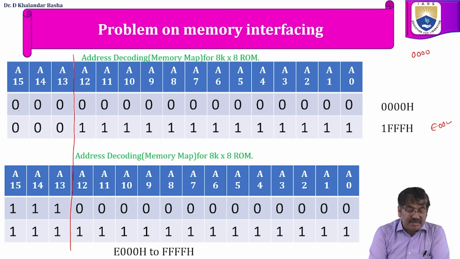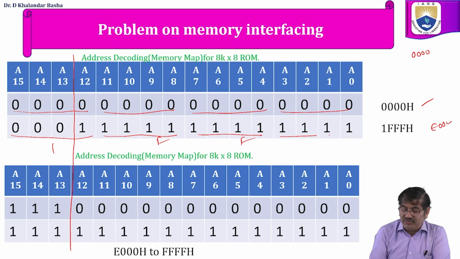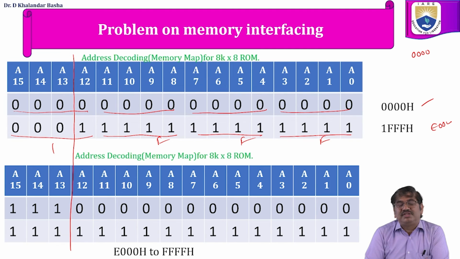The address generated for the ROM block starts at 0000, whereas the upper address is 1FFFH. So the address space is from 0000 to 1FFFH.